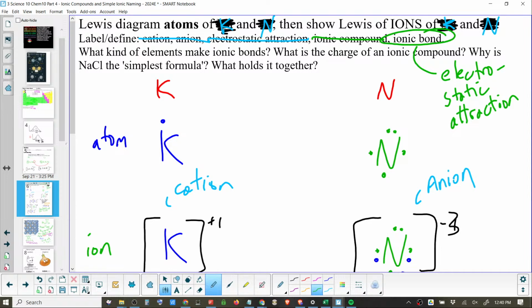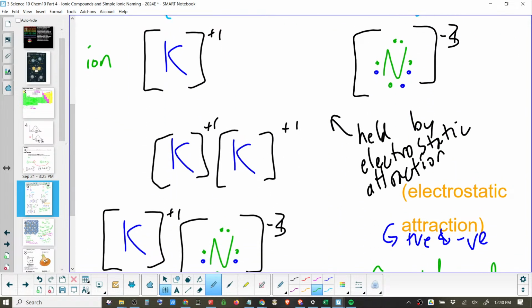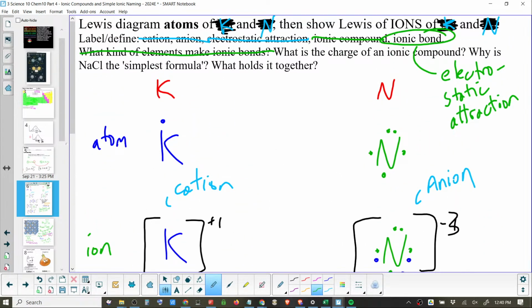What kind of elements? We did that. What is the overall charge of our ionic compound? It's zero. They should always balance each other. So the overall charge is that they will always attract their opposite until they even out.